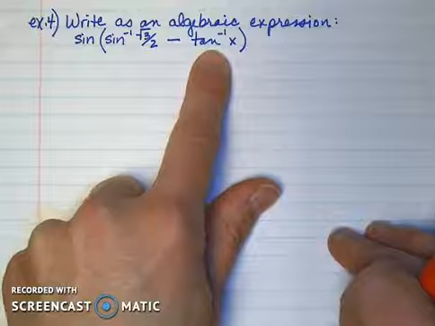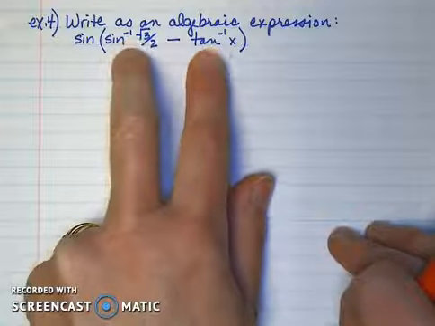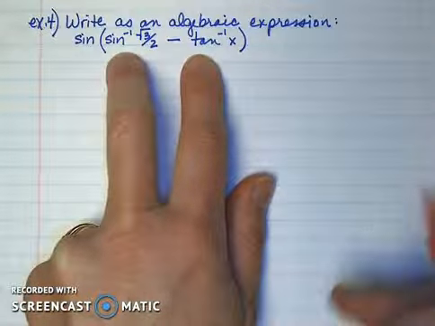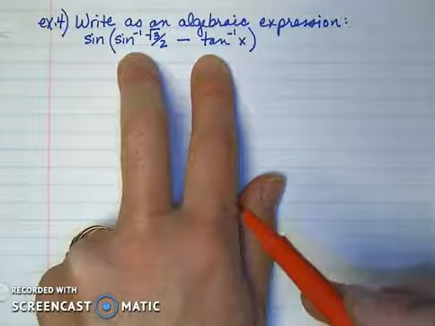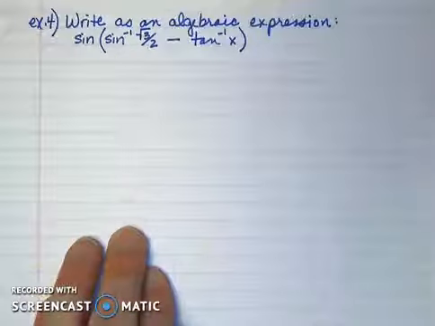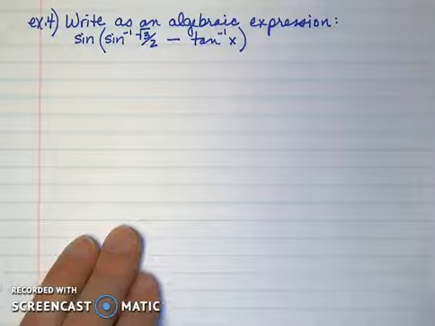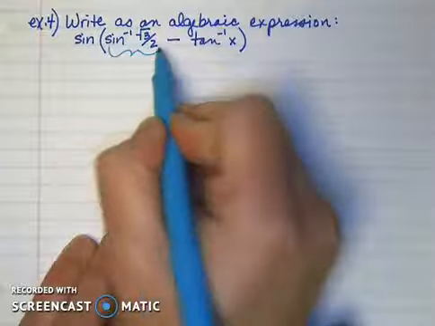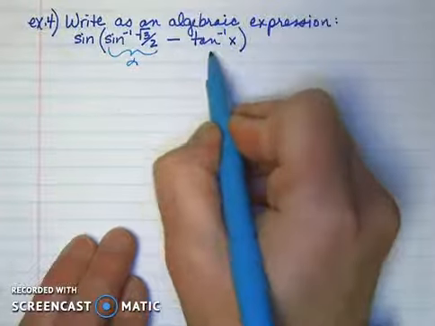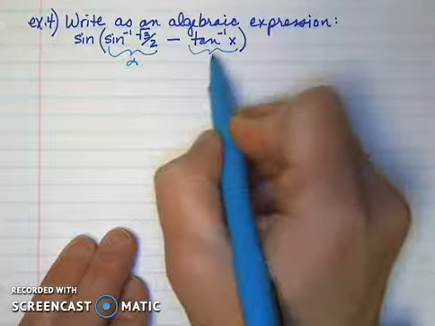We're going to treat this as a difference of a sine. If you go back to your formulas, we're going to call this alpha, and we're going to think of that as beta.